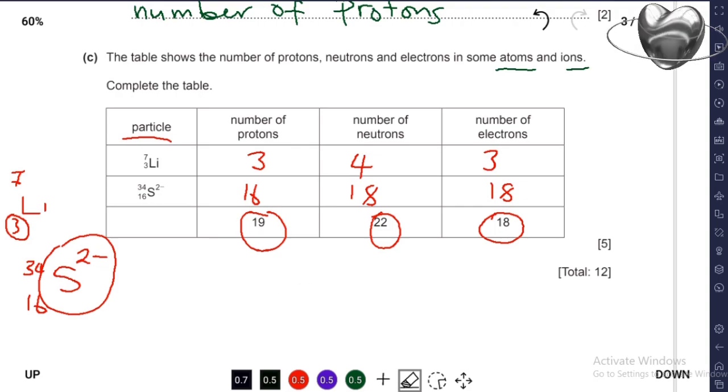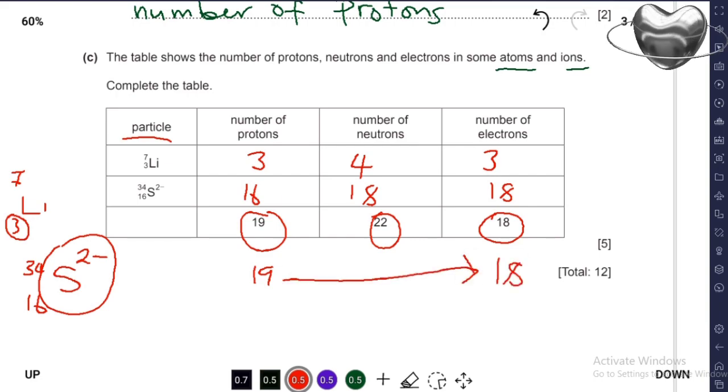Since the number of protons is different from the number of electrons, 19 protons and 18 electrons, it means we are decreasing the number of electrons, because in a neutral atom the number of protons should be equal to the number of electrons. Since in this case they are not equal, this particle is not neutral. It is charged by losing 1 electron.